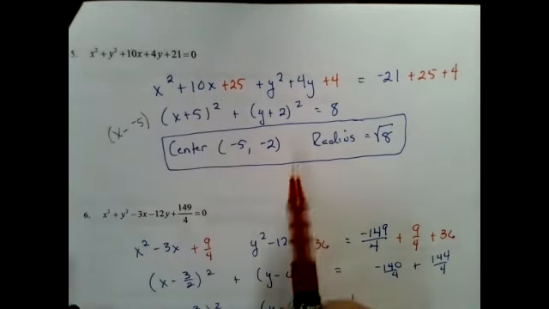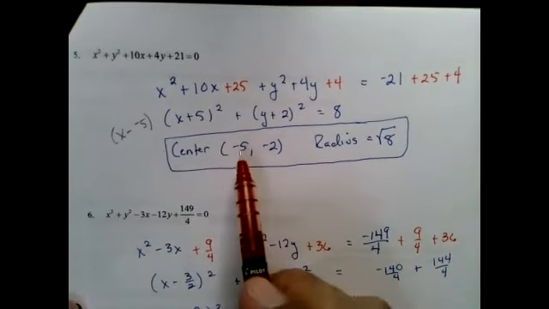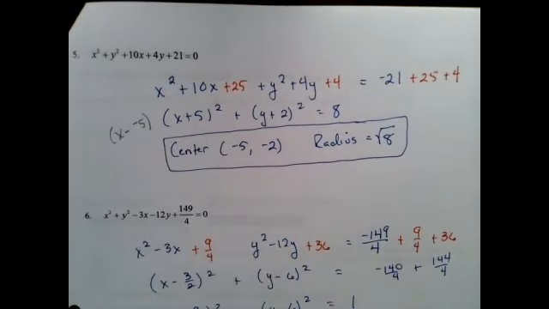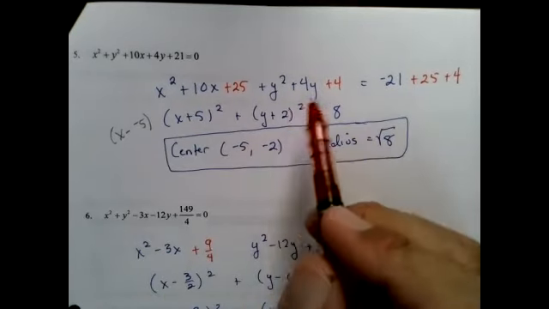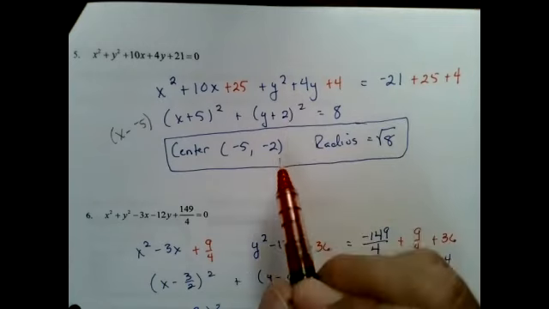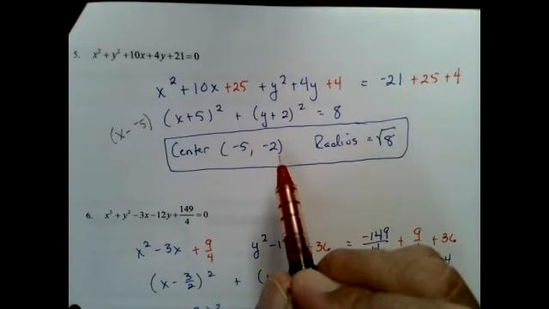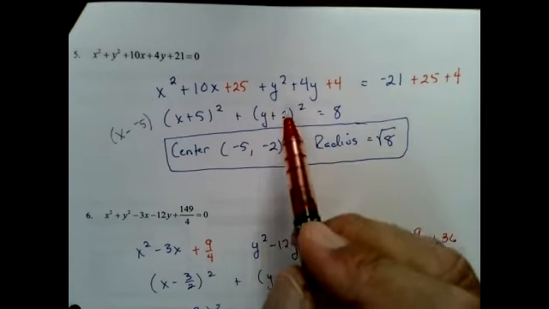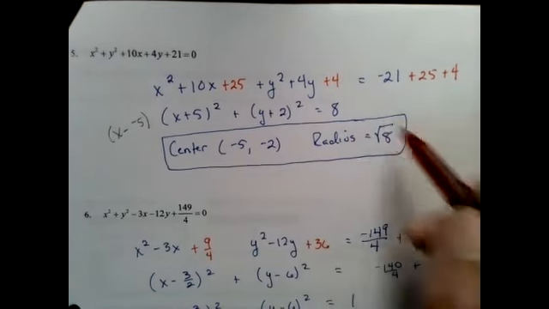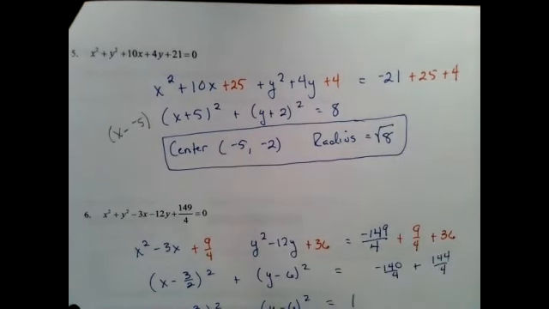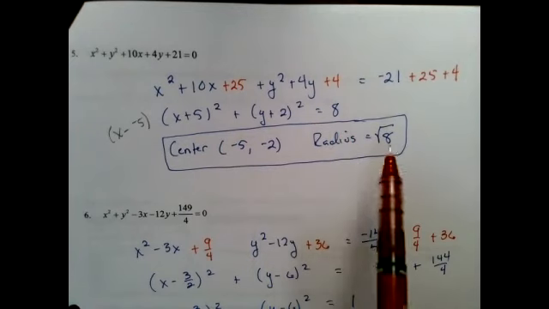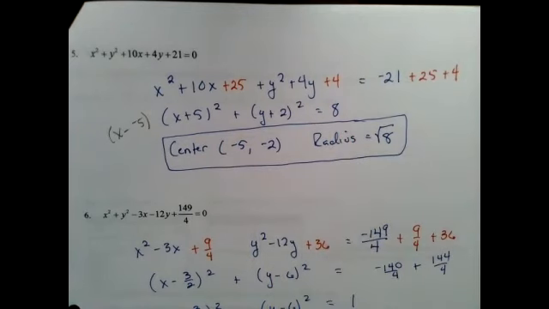So when I go to find my center, it's negative 5 because this was x minus h. Y plus 2 squared. My center is going to be negative 2 because it was y minus k. And then finally, the radius is the square root. Hopefully that didn't catch any of you off guard, that becomes the square root of 8.